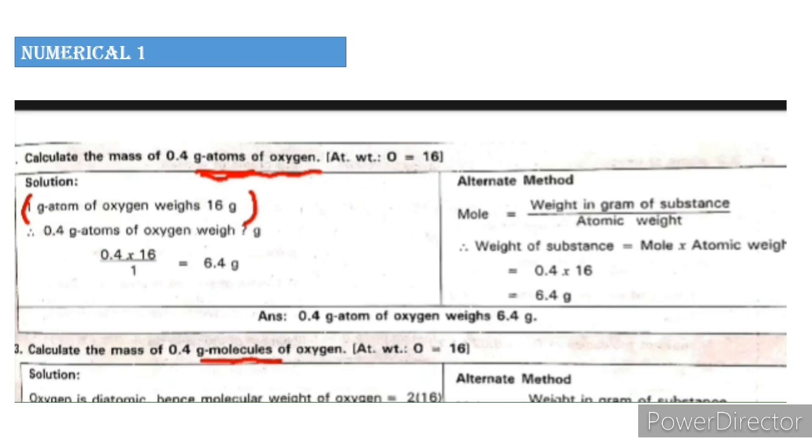Therefore, 0.4 gram atom of oxygen has a mass 0.4 into 16 equal to 6.4 gram. Alternatively, it can be done using the formula: mole is equal to mass in gram divided by atomic mass in case of gram atoms. Therefore, mass equal to mole into atomic mass.